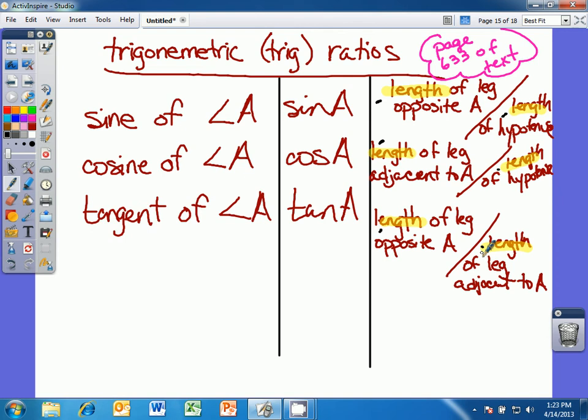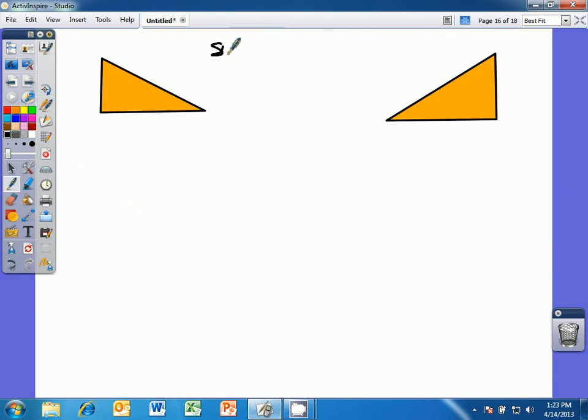So how would we use these? If I'm asked to find, for example, the sine of E for this particular triangle, and I've been given all of this information, my question is, what's the sine of E? What it's asking me is, what is the ratio of the side opposite over the hypotenuse?